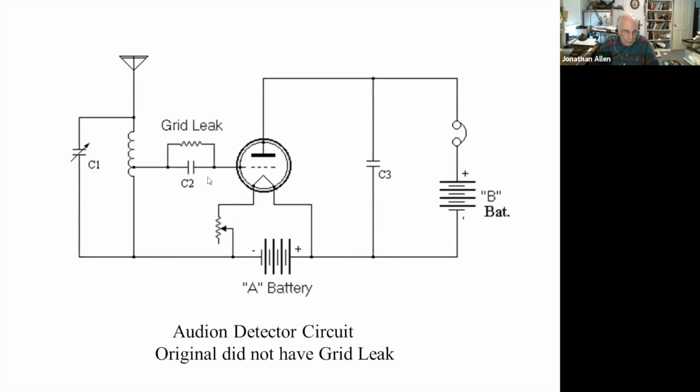Anyway, the Audion detector had problems, the worst of which was that there was a soft vacuum. The vacuum in the Audion kind of sucked. Actually, it didn't suck well enough.